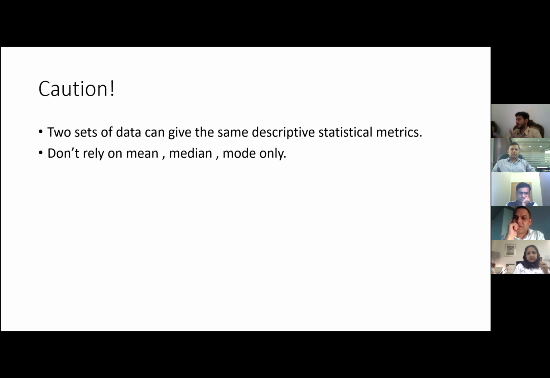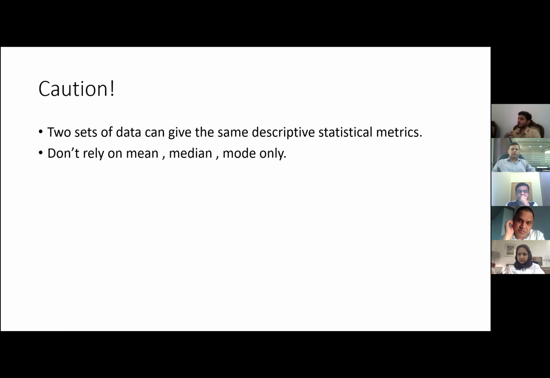I want to give you an example. I haven't put it in the presentation, but I'm going to give you an example of two data sets. The first data set has just two data points in it, 40 and 40. So we just know these two numbers are part of the first data set. In the second data set, let's say we have 30 and 50.